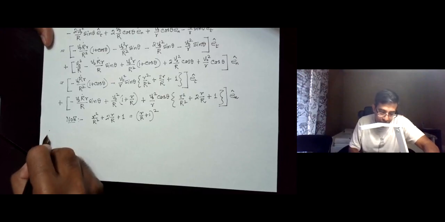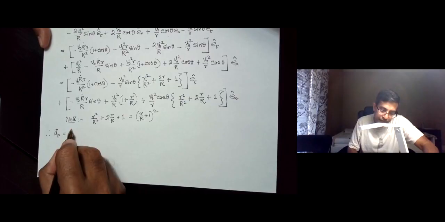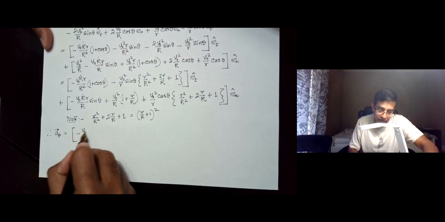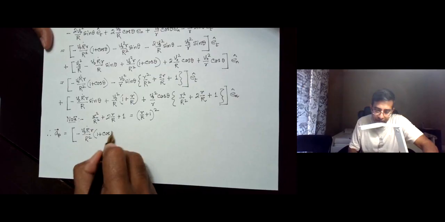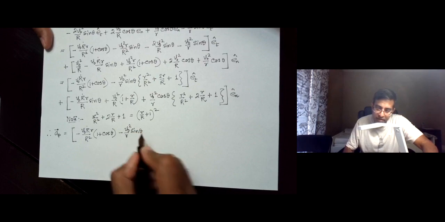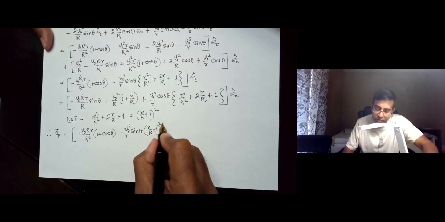So therefore our acceleration expression then is minus V0 capital R dot small r over capital R squared 1 plus cosine theta minus V0 squared over small r sine theta times small r over capital R plus 1 whole squared.